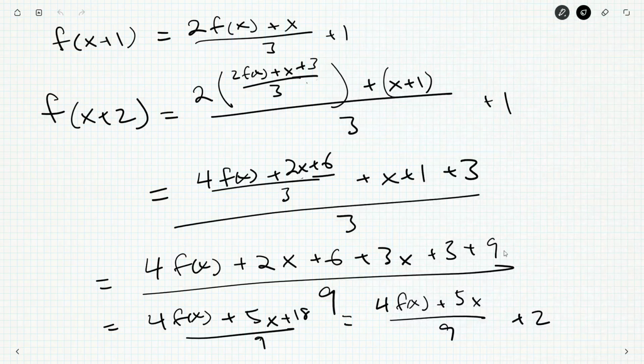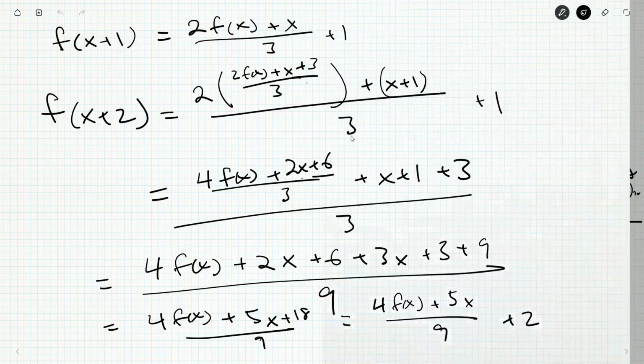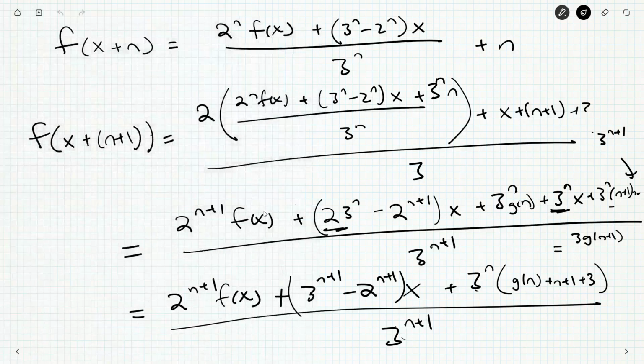So yeah, it was 3 to the next power, and then x plus 3, and then there was the plus. Now, why was it? Oh, there's a 2 to the n there. So it's 2 times that amount.